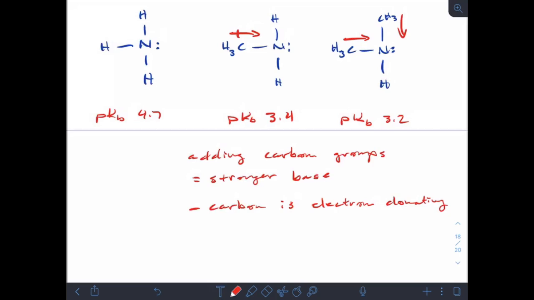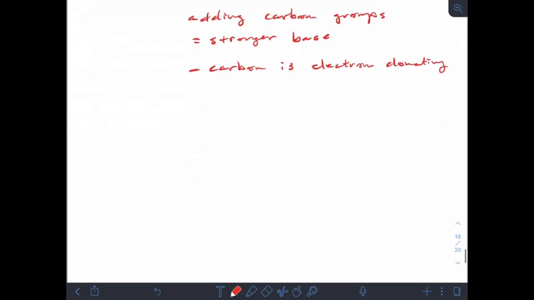Now, the last topic for this video is a fairly short one, and it's about our third version of the acid-base theories. Right, we talked about the Arrhenius theory, we've talked about the Bronsted-Lowry theory, and now we're going to talk about Lewis acids and bases. Right?